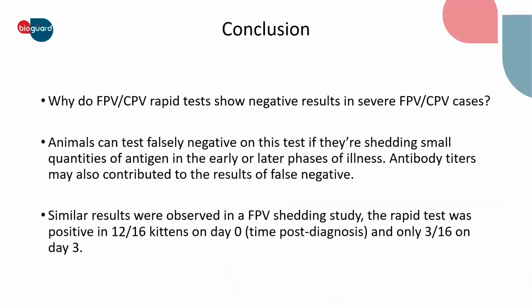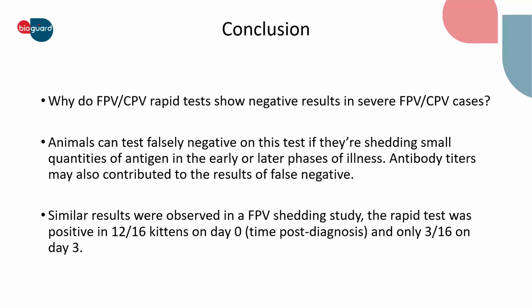So for the conclusion, why do FPV and CPV rapid tests show negative results in severe FPV or CPV cases? It's because an animal can test false negative on this test if they are shedding a small quantity of antigen in the early or later stage of illness.